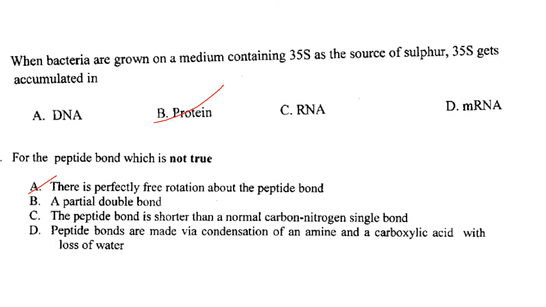Then for the peptide bond, which is not true: there is perfectly free rotation about the peptide bond. Because of the partial double bond between alpha carbon atom and the amino nitrogen atom, no rotation is possible around the bond. So option A itself is the right answer, and it is not true with regard to peptide bond.